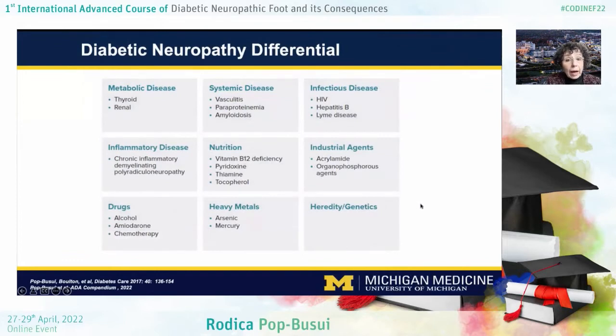I'd like to highlight also that many other forms of peripheral neuropathy exist. And it's also very possible that people with diabetes could develop either a different form of neuropathy or have concomitantly both diabetic neuropathy and another form.